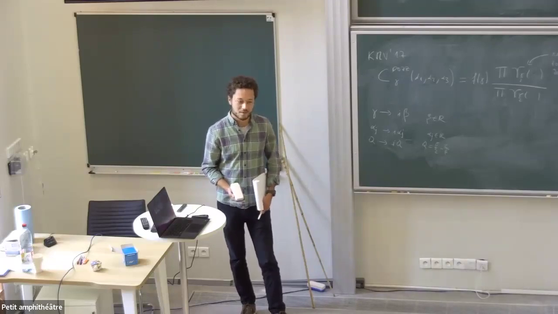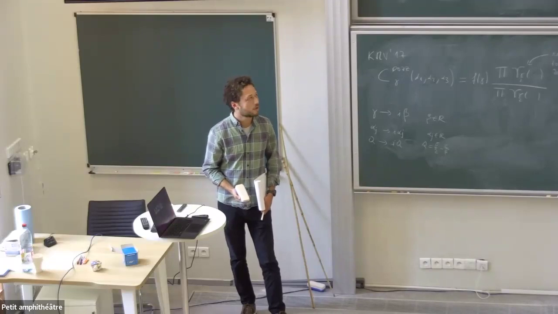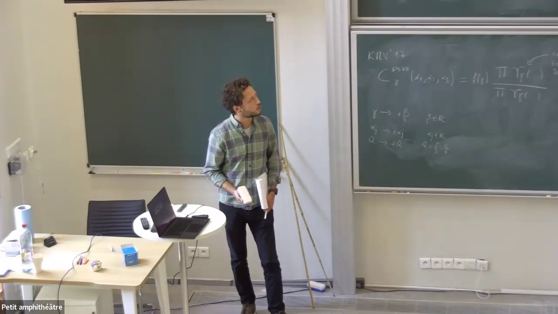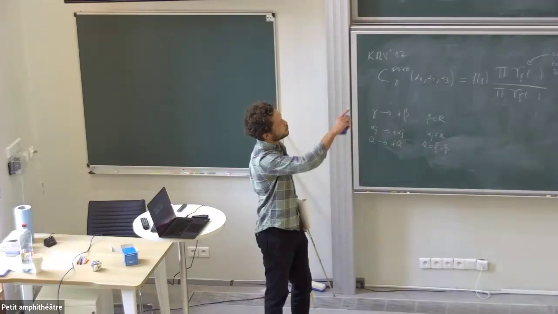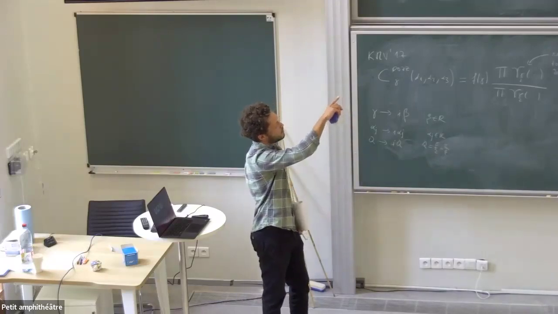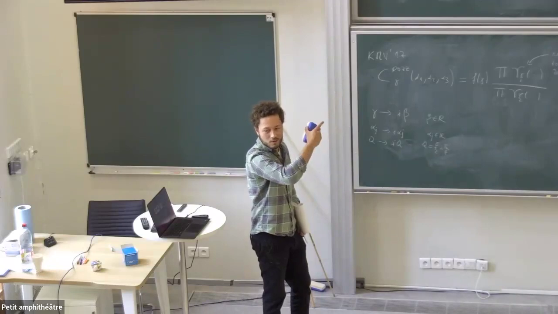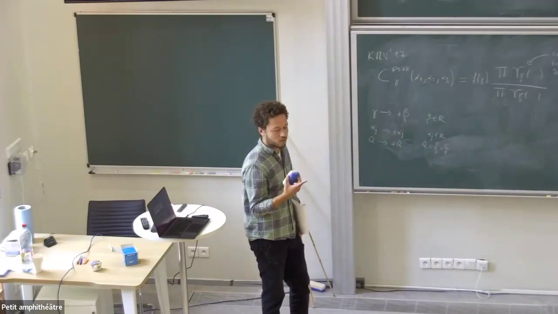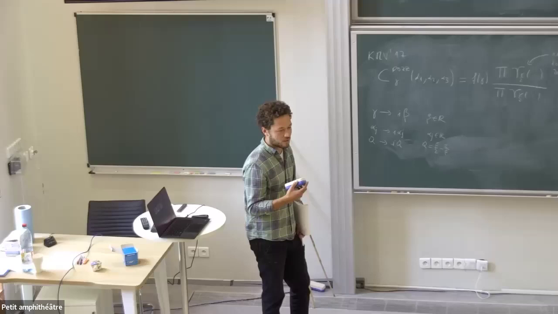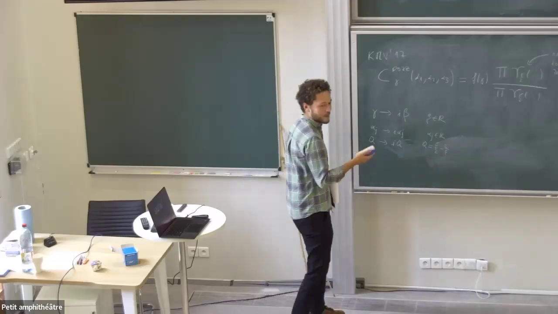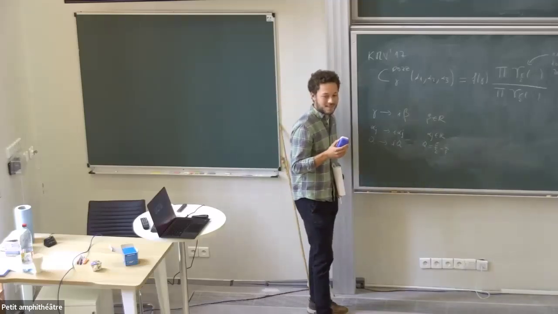Yes, and I think this is related to the fact that in the probabilistic construction, you see that the potential has only one screening operator. There's not the second screening operator. So the second screening operator should appear at the level of the algebraic construction.